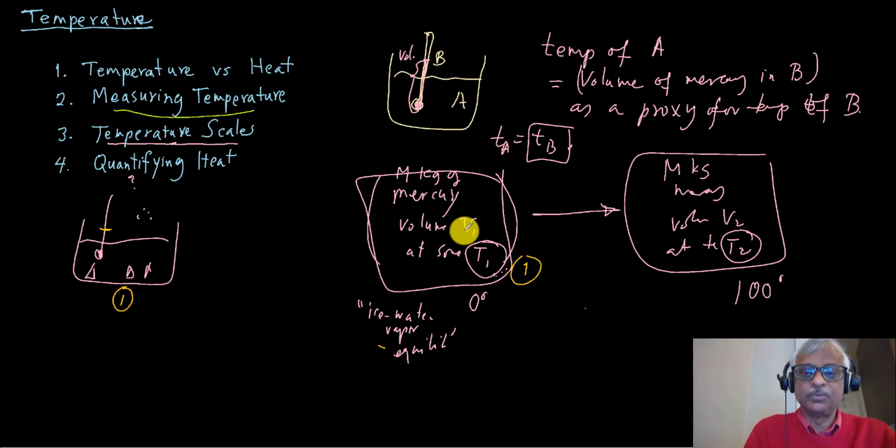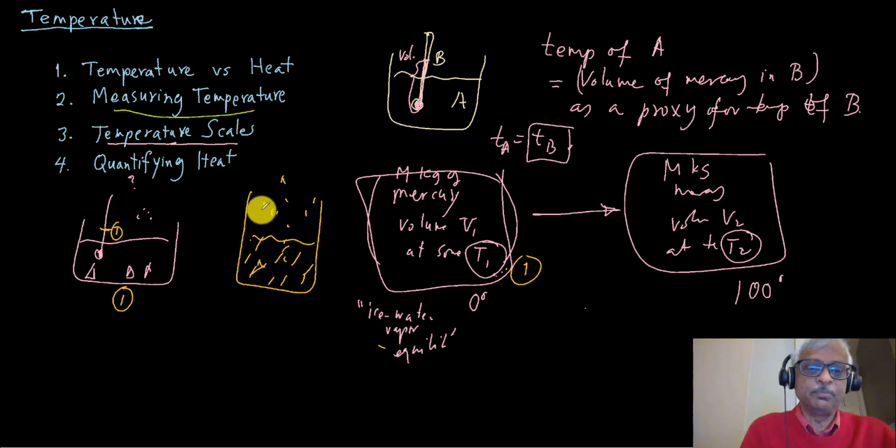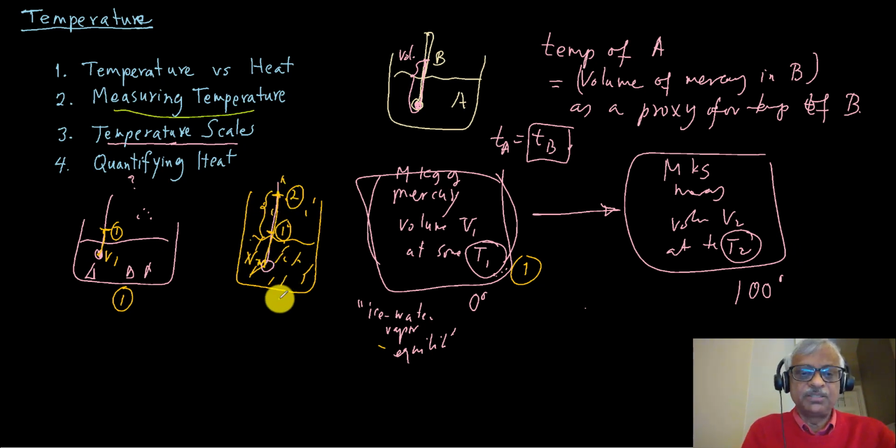Then I put the same thing in a container with boiling water and steam, with the same mercury, and the 2 is over here. So these are the two volumes: this was V1, and now we have V2, at temperature T2.